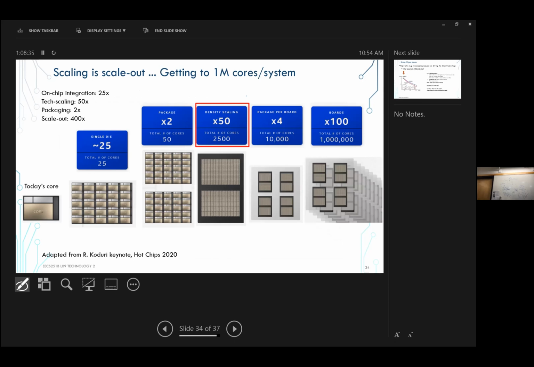So there is a vision that on-chip integration is going to fizzle at about 25x, technology scaling 50x, which is unclear if that is going to happen, going from now to 1 or 2 nanometers, packaging 2x, and then scale out and stack many things on top. This is Intel's vision to get to 1 billion cores per system.